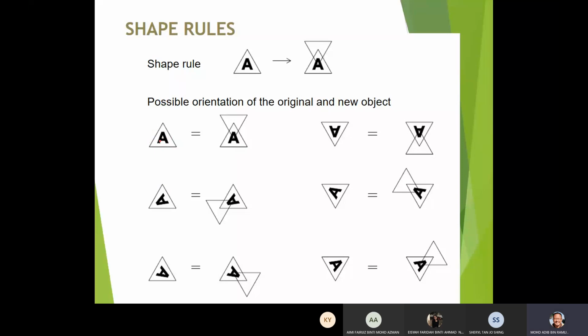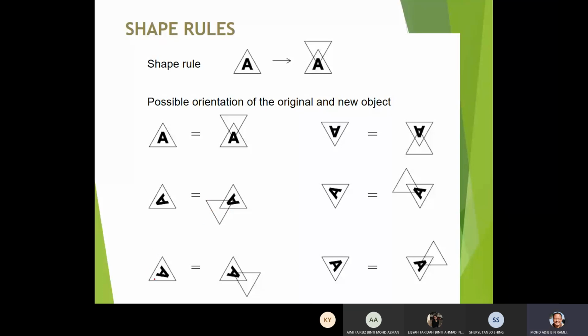Okay, so let's say in this orientation, when the A is upright, you apply the shape rule. So that's how the new shape would be added. But if you imagine that the orientation is like this, where the A is pointing towards this corner here, when you apply the rules, that's where the new shape is going to be added.